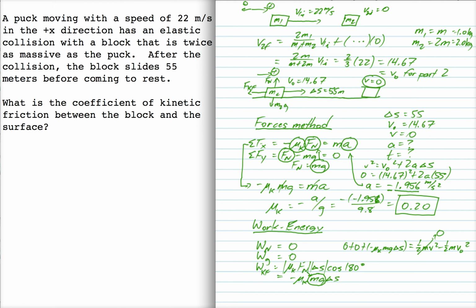So I'm left with minus mu sub k mg delta s is equal to minus 1/2 m v naught squared. The mass, m2 here, goes away. And I'm left with mu sub k is equal to v naught squared over 2g delta s, which if you calculate it out is also 0.2.